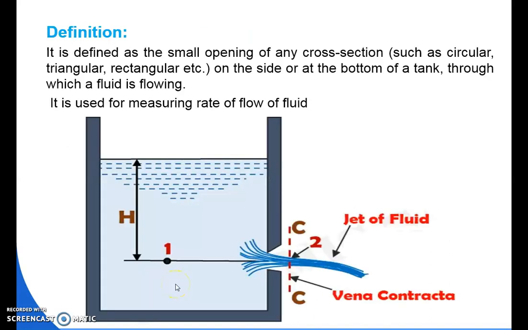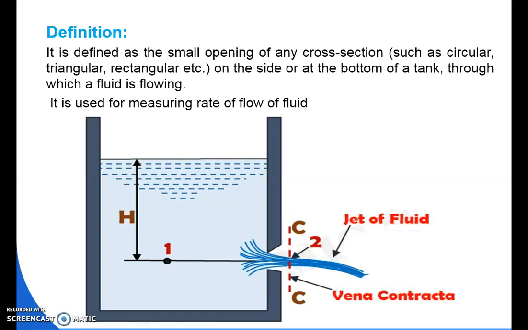Let's come to the introduction part. In earlier video classes, we have already studied Bernoulli's theorem. According to Bernoulli's theorem, the total energy at any point of a fluid flowing through a pipe remains constant from the inlet to the outlet of the pipe.